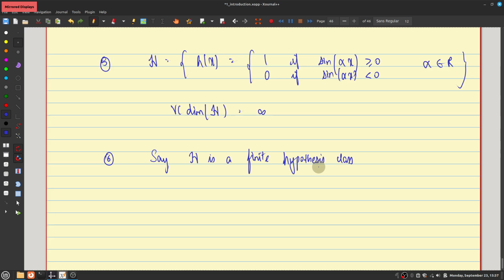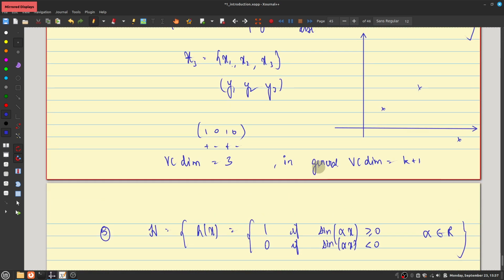There's only one function in the hypothesis class, right? We want a class of functions, so there has to be at least one free parameter. Okay, so let's assume that H is any finite hypothesis class. These are all infinite hypothesis classes, right? So far.